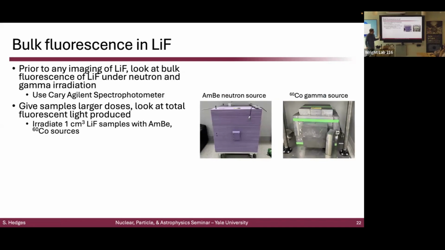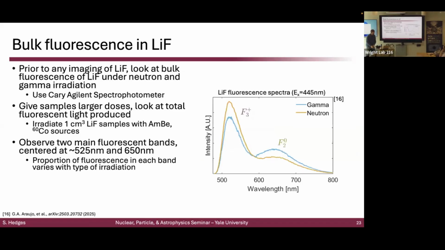So we took some cubic centimeter sized lithium fluoride samples. We exposed these to neutrons from an americium-beryllium neutron source, as well as gammas from a cobalt-60 source. And with that, we were able to see some bulk fluorescence properties. Shown here is the emission spectra after exposing these crystals to 445 nanometer excitation light.